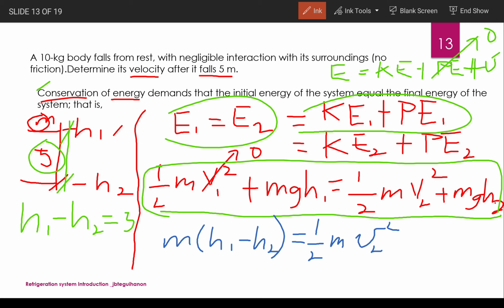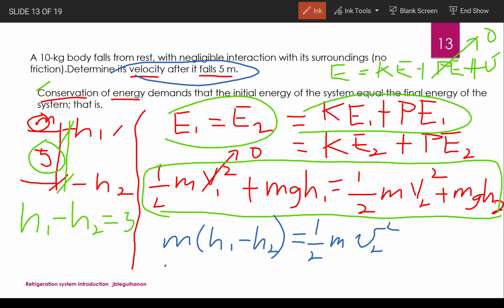Remember, you don't have initial velocity. Your v1 is 0. So what is he asking for? He's asking for the velocity after it falls 5 meters.